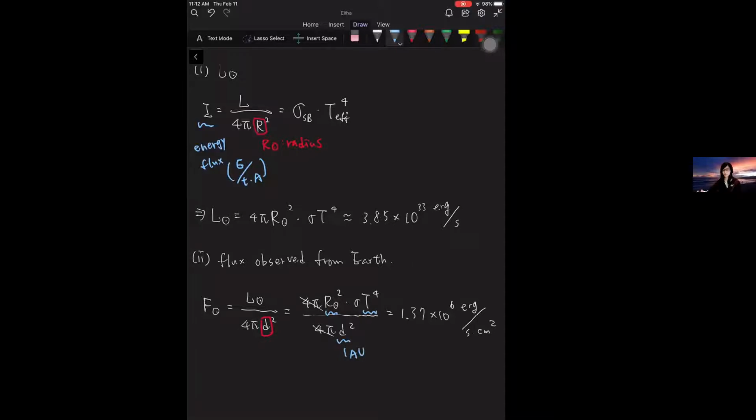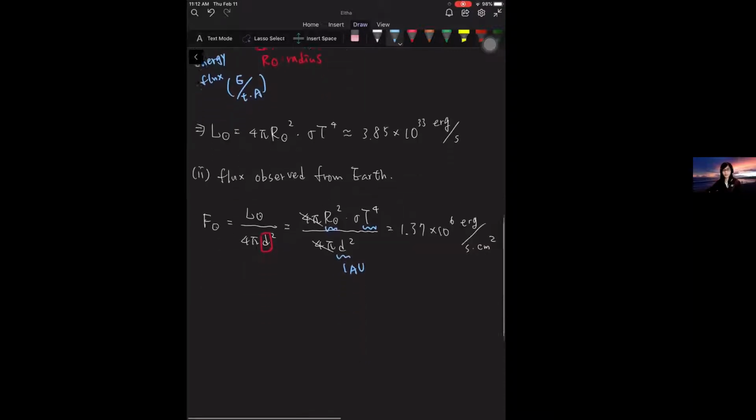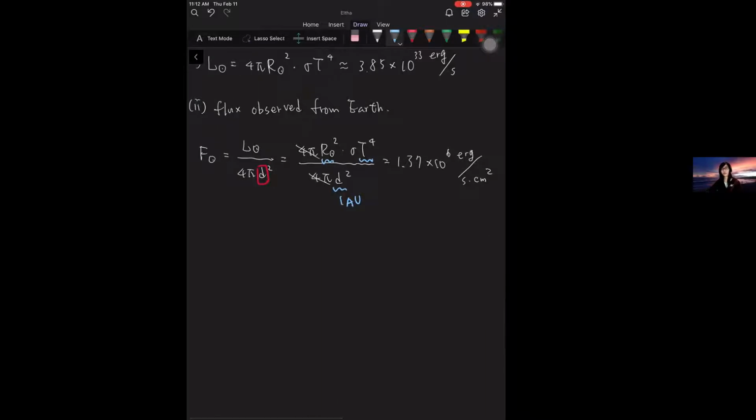But remember, when you calculate these, make sure your unit system is consistent. So the numbers you plug in have to be in a consistent unit system, so that you will get a correct answer.